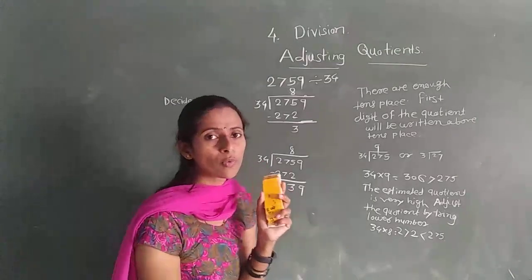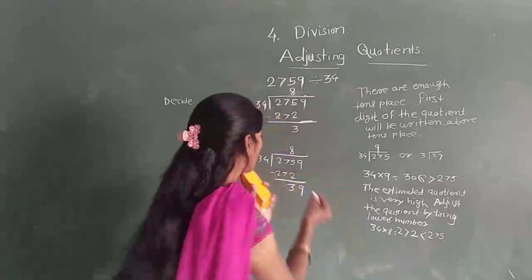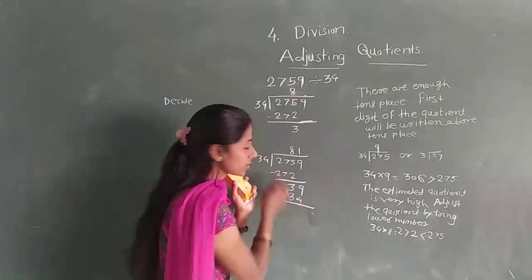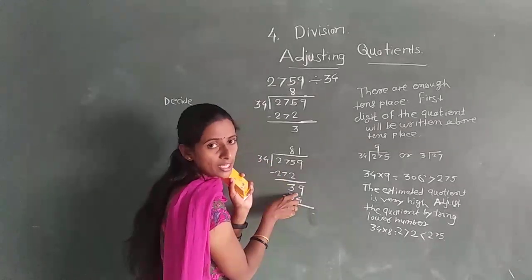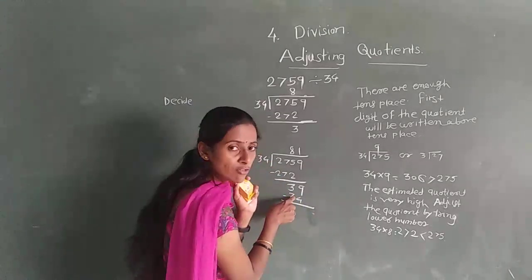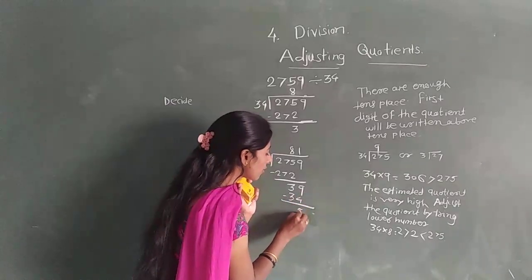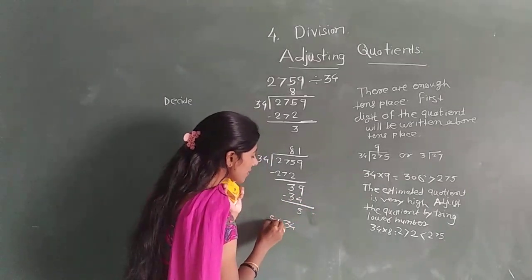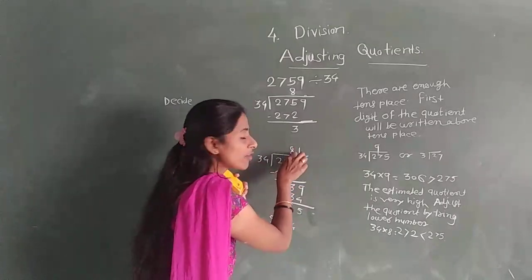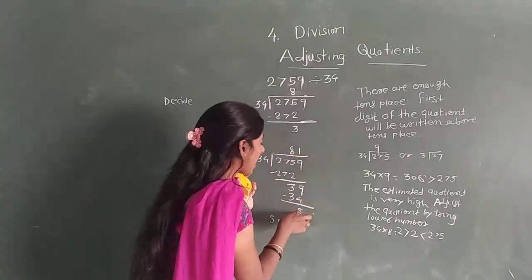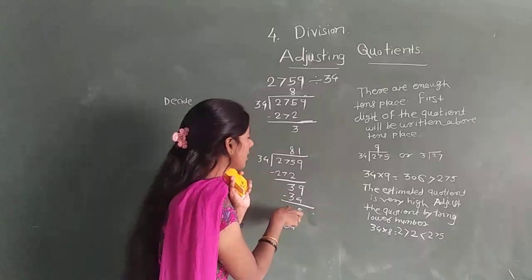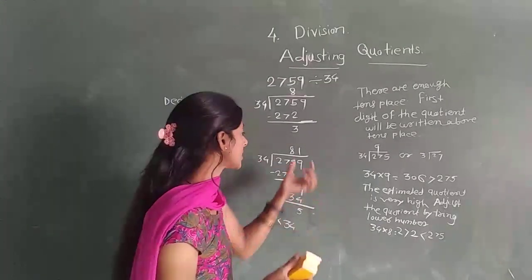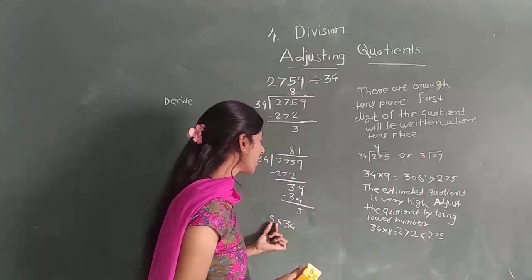So 34 ones are 34; you can count the table of 34 up to 39 orally. 39 minus 34 is 5, and 5 is less than 34. So 81 is your quotient and 5 is the remainder, and the remainder is always less than the divisor. The quotient is 81 and the remainder is 5.